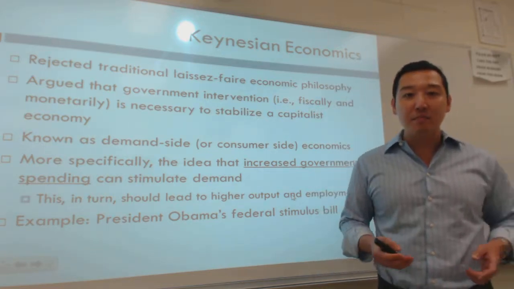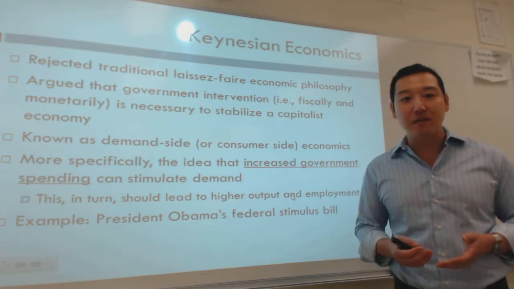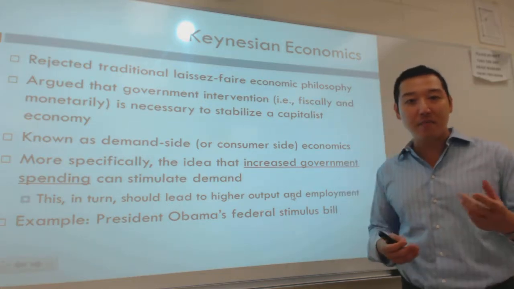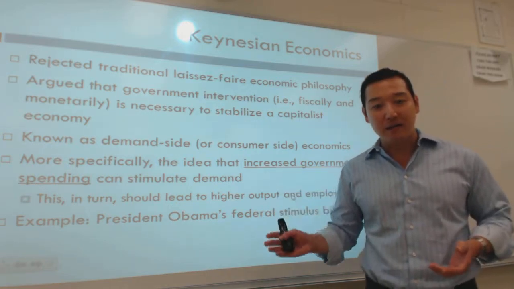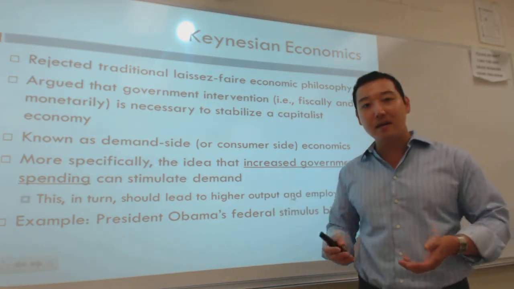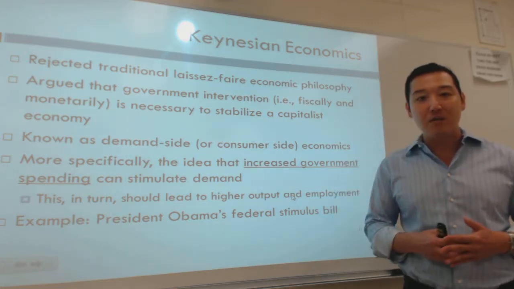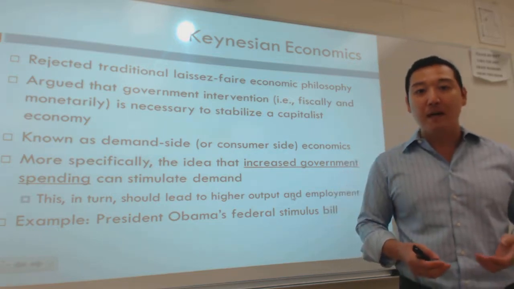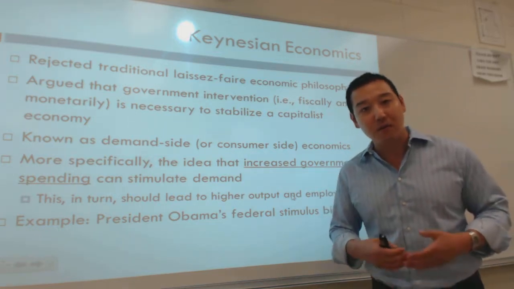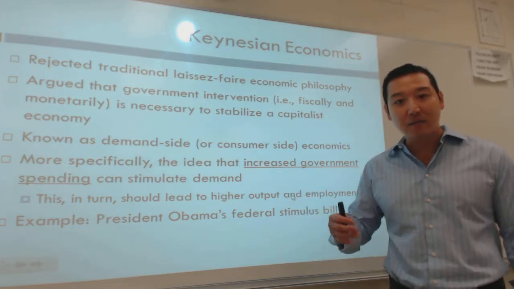The basic idea behind Keynesian philosophy is that where the economy lags, or stalls, or where we need to stimulate the economy, the best way to stimulate or stabilize the economy is through more government intervention, greater government involvement in different forms. It could be through greater public works, that is, public projects or government projects.